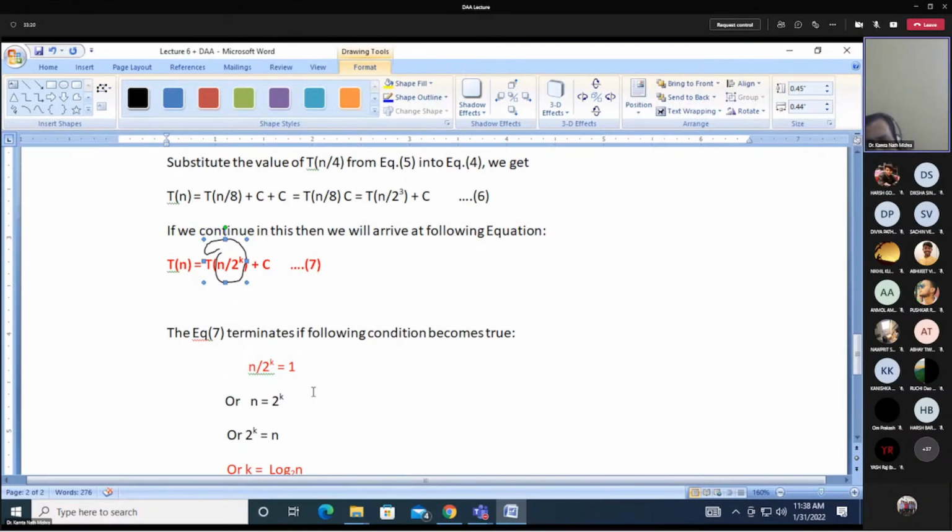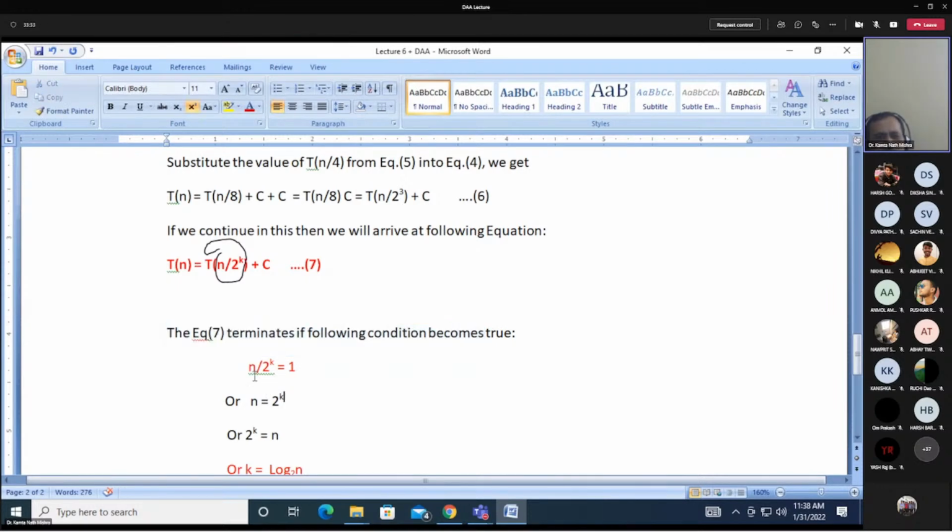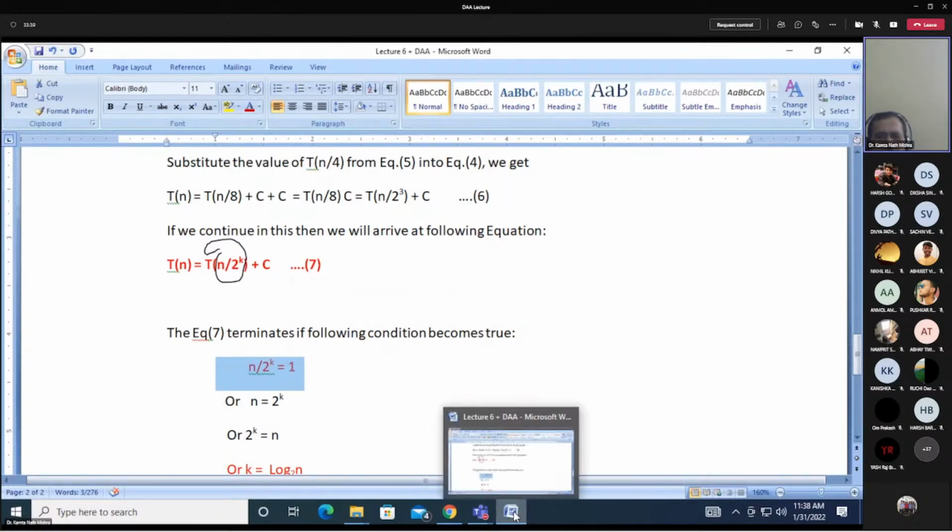If it becomes 1, it means either only one element remains in the list or you came to the solution. So equation 7 will terminate if n by 2 power k is equal to 1. This thing we have written.